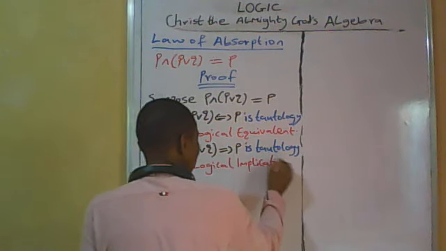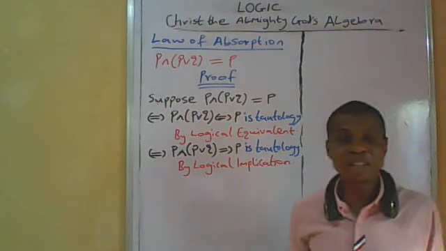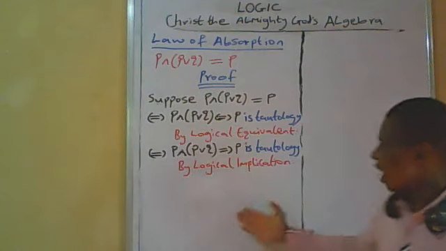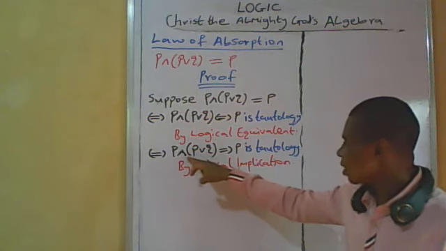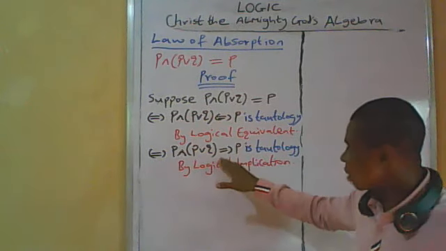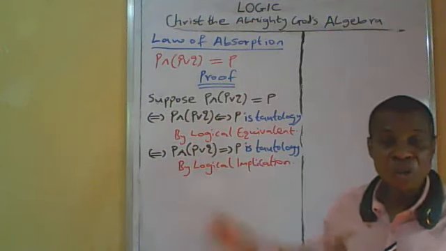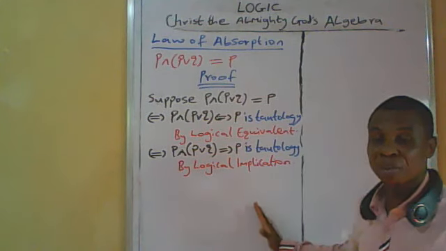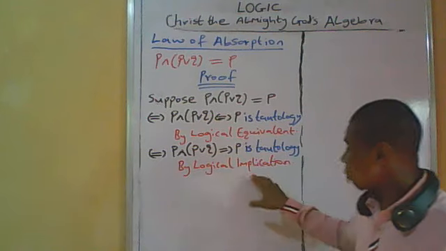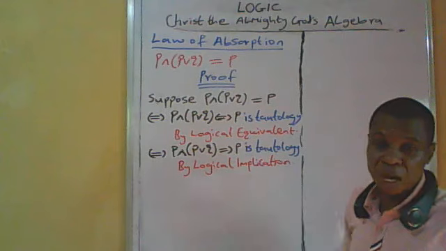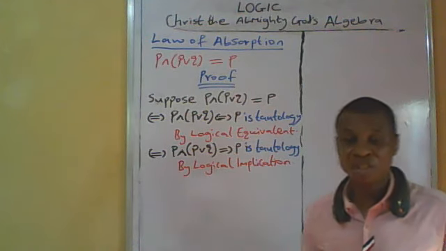We have now transformed this biconditional statement to a conditional statement, and it still preserves tautology, in the sense that whenever the antecedent is true, the consequent must also be true. If you write this statement, there is no possibility of getting falsity, always truth. You say that it is a tautology, being justified by logical implication. It is through logical implication that we transform the biconditional statement to a conditional statement, and it's still true.